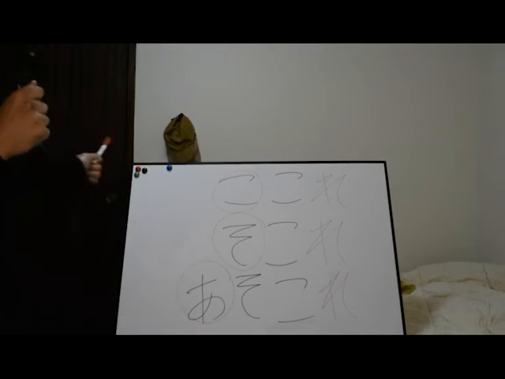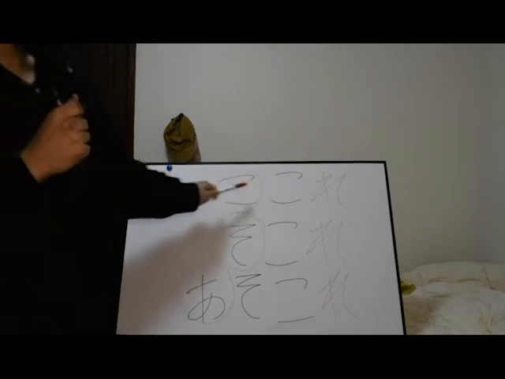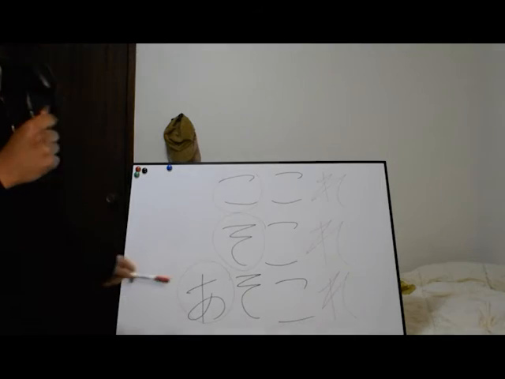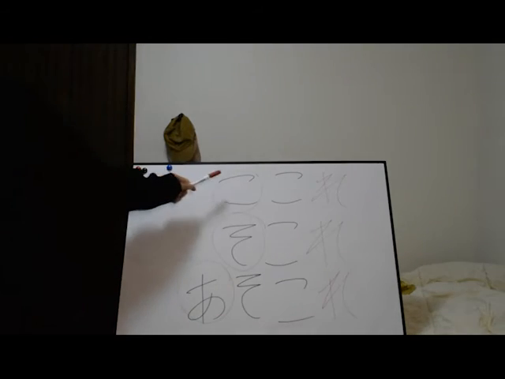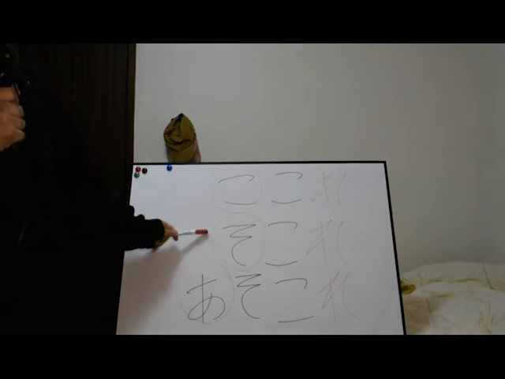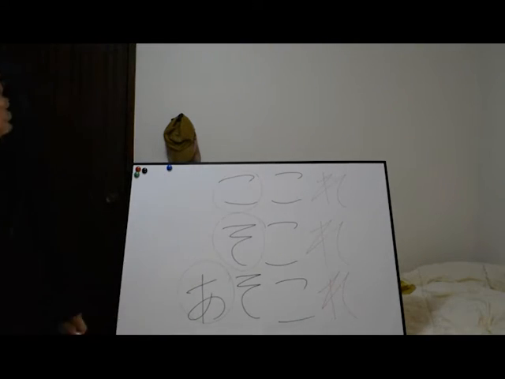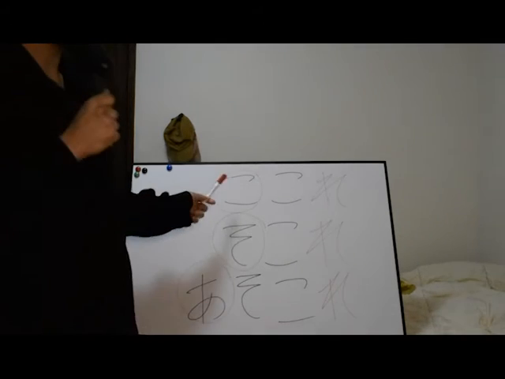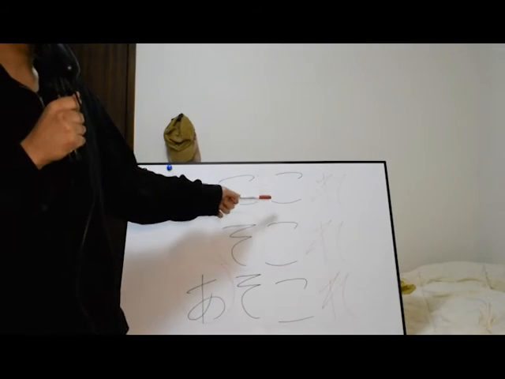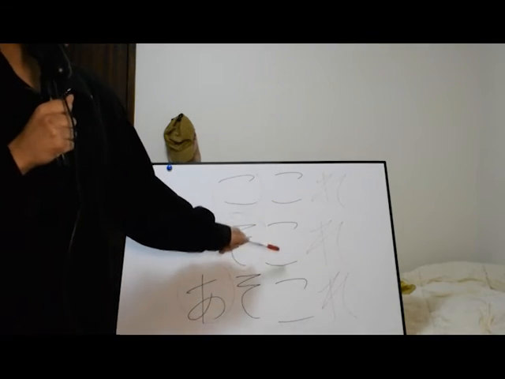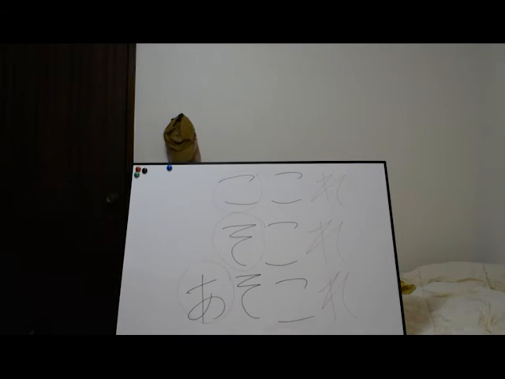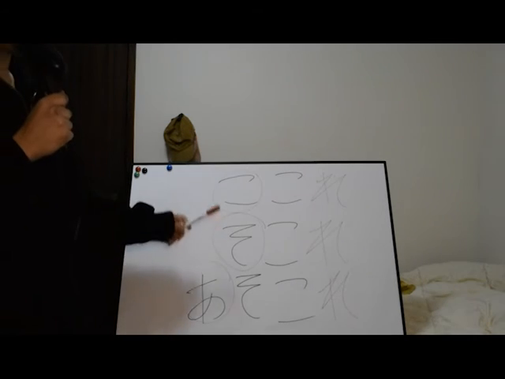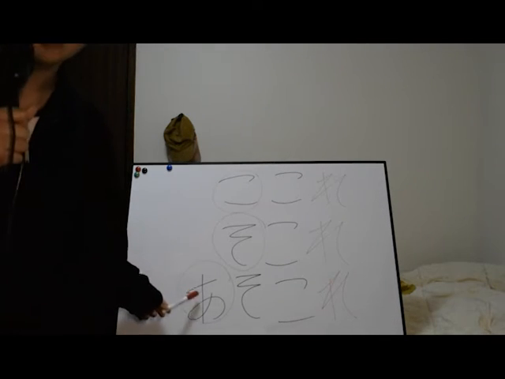So in the last video, we learned kore, sore, and are, which was this, that, and that thing over there. And just replacing re with ko now, we've changed the words into here, there, and over there.